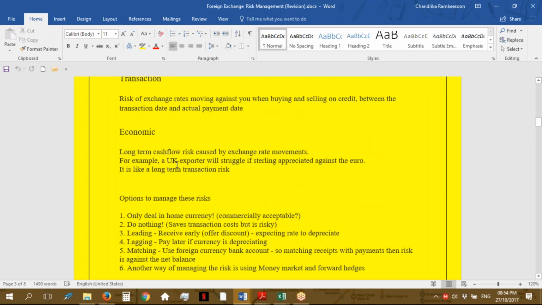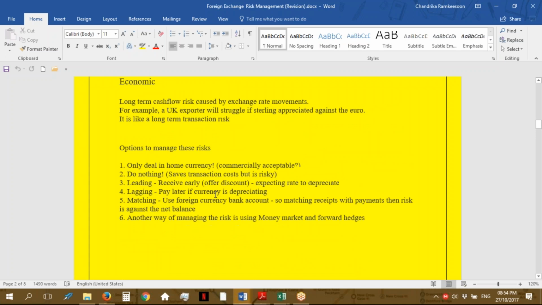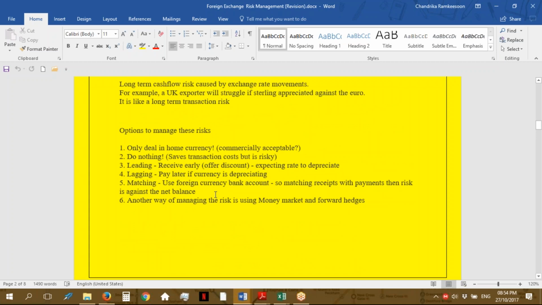So these are the risks. I said our main concern is with transaction risk, and notice some of the options, especially dealing with transaction risk: we may only deal in home currency. Of course, this may not be possible because, like the British firm, it may wish anytime it sells goods to invoice, let's say it's a US firm, in sterling.